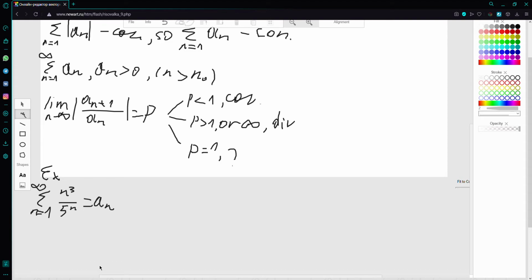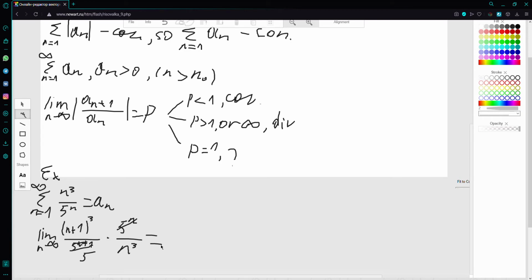If we take this a_n, we have the limit as n goes to infinity of (n+1) cubed divided by 5^(n+1), divided by a_n, so we write 5^n and n cubed here.